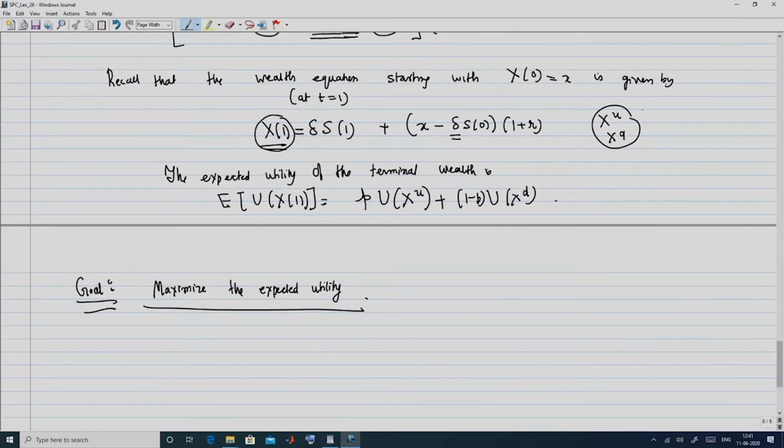Now let us be more specific about what my xu and xd are going to be. Xu is the wealth resulting from the stock going up to SU.